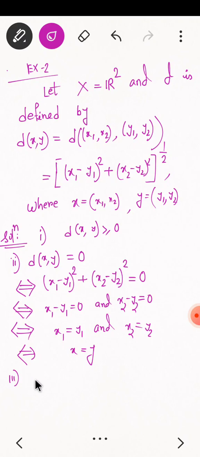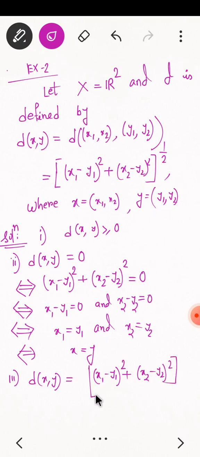The third condition: D of xy is equal to the square root of (x1 minus y1) squared plus (x2 minus y2) squared.